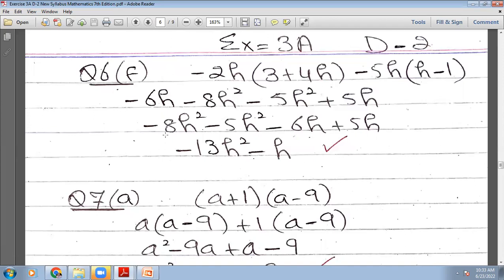Arrange the like terms: minus 8h squared minus 5h squared minus 6h plus 5h. Add their coefficients because both of them are negative, so they will be added, but the sign will be negative. So minus 8 minus 5 is minus 13h squared, and minus 6 plus 5 is minus 1h. Hopefully you understand. So the next question is question number 7.